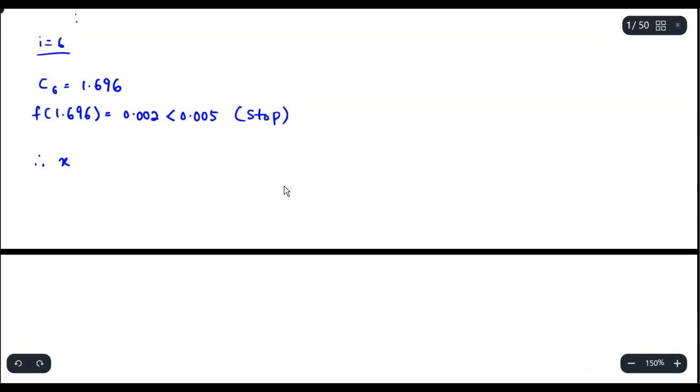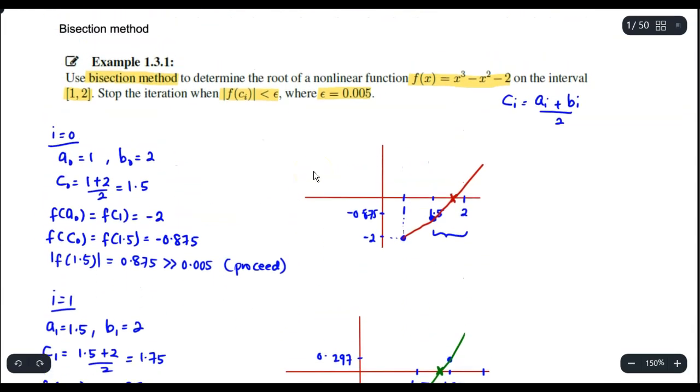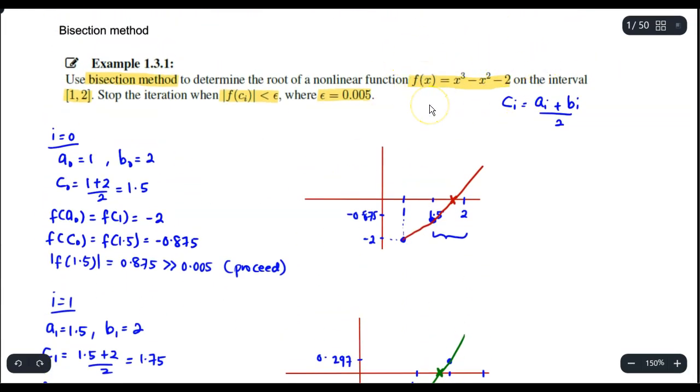So you put here, therefore, x asterisk, which implies our root that we wish to get, is approximately C6, your current value of C, which is 1.696. So that is your solution, that is your root of the equation f(x) here.